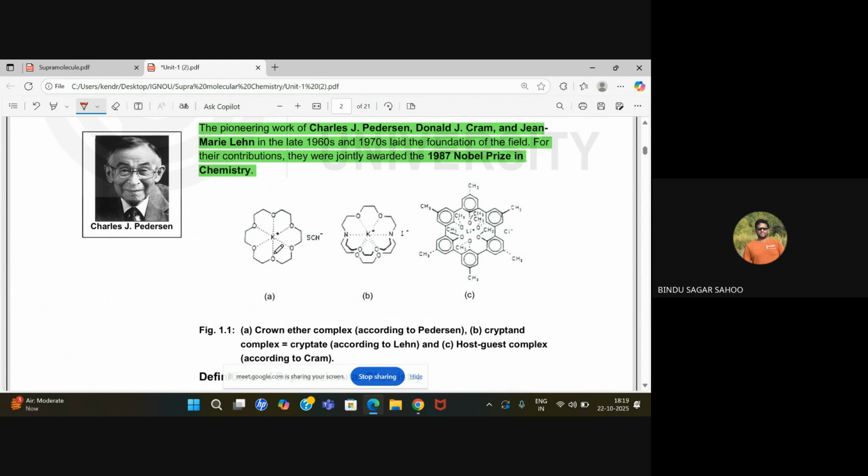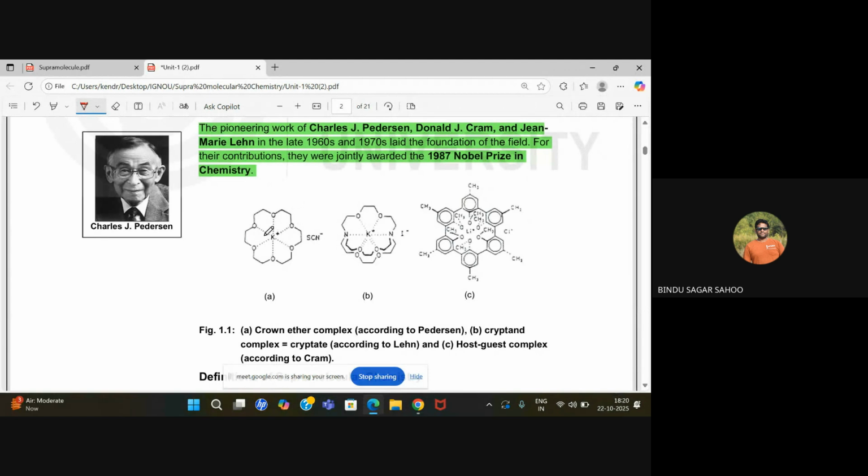But in crown ether complex, the macrocyclic ligands are a little bit flexible in nature. That means if the cavity size is this much, it can occupy a similar size cation, or it can also occupy a slightly bigger cation due to the flexible nature of the crown ether ring. But other types of macrocyclic ligands, just like in your BSc, hemoglobin, myoglobin, are rigid macrocyclic ligands.